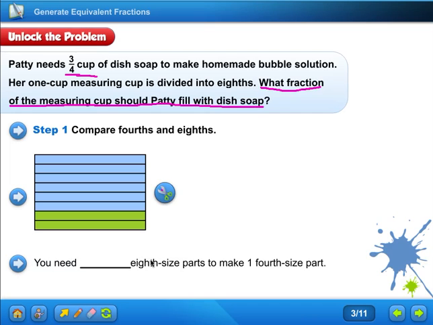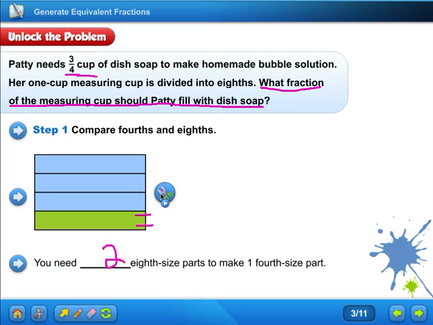You need blank 8ths size parts to make 1/4 size part. So here is the 1/4, the little green section. I only needed 1 of those. But when I turn it into 8ths, how many sections do I need? I need 2. When it's 4ths, it's only 1 section. But when it turns into 8ths, now it is 2 sections.